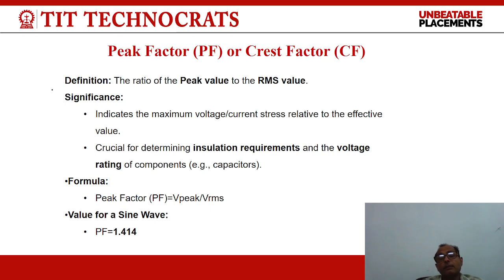So, peak value will cancel out in numerator and denominator and the value will come out to be 1.414. Significance of the peak factor, which is also called crest factor, is that it indicates the maximum voltage current stress relative to the effective value, crucial for determining insulation requirement and the voltage rating of the components.